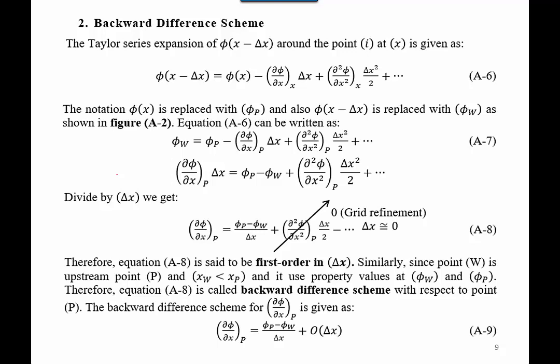If we divide this equation by delta x, we will have equation A8, which is the first derivative of phi at point P equals phi at point P minus phi at point west divided by delta x plus the second derivative of phi at P multiplied by half the value of delta x minus etc. Again, this equation A8 is said to be first order in delta x, since point W is upstream of point P and x of west point is less than x at P, and it uses property values at only point P and point west.